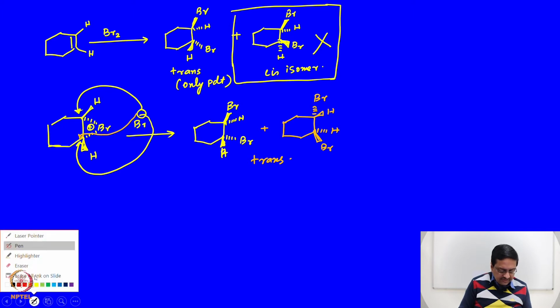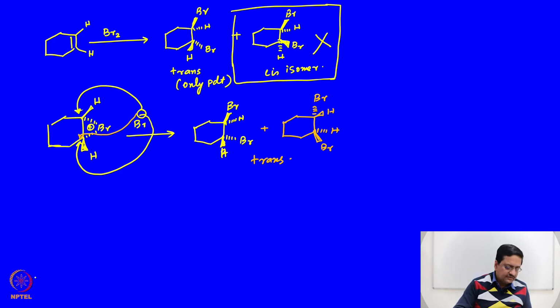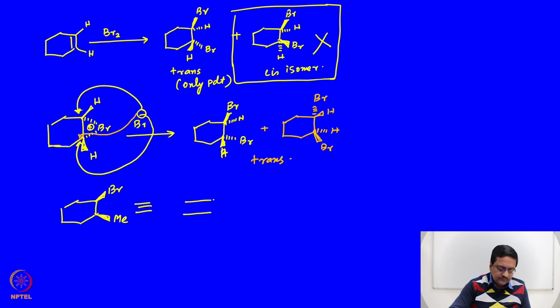On the other hand, let us see what happens when you do an elimination reaction with a cis compound, this cis 1-bromo-2-methylcyclohexane. The conformation of this molecule should be identified for an elimination reaction to happen.